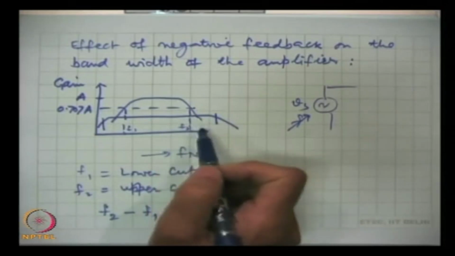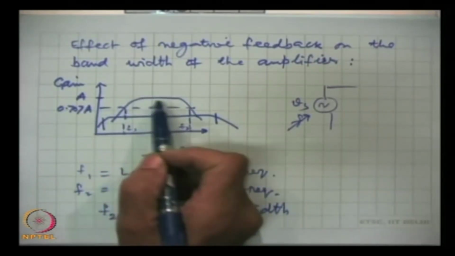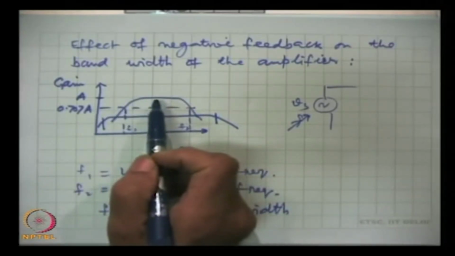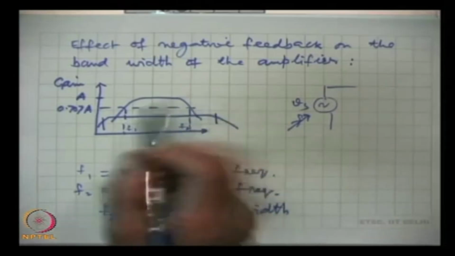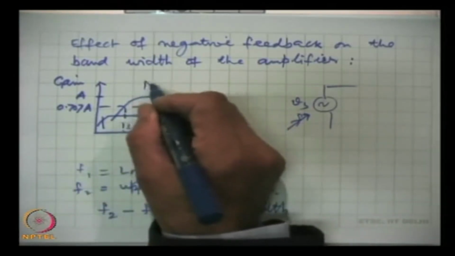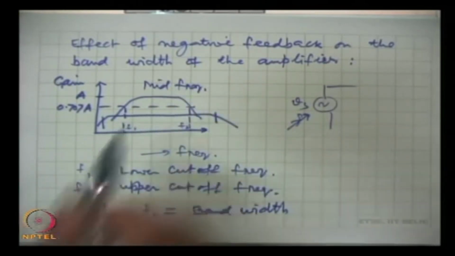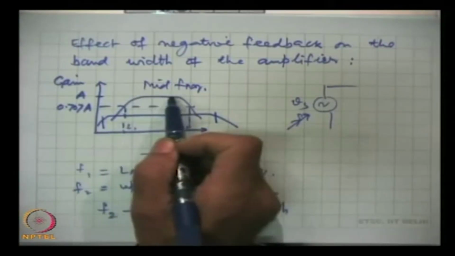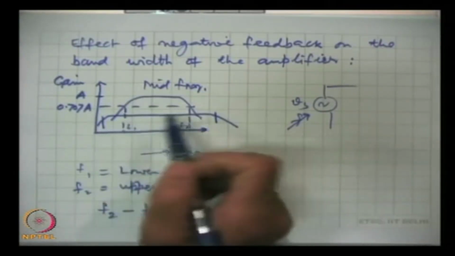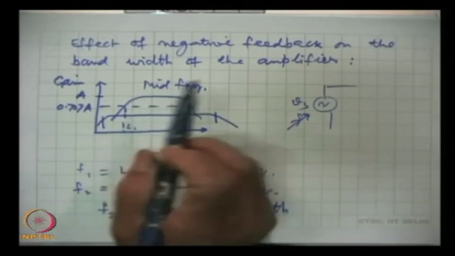Here also when we go on increasing the frequency, there is a region where the gain is almost constant, and this is known as a mid frequency region, and so there is a mid frequency, and then again it falls, because we are going to study this thing soon in details.